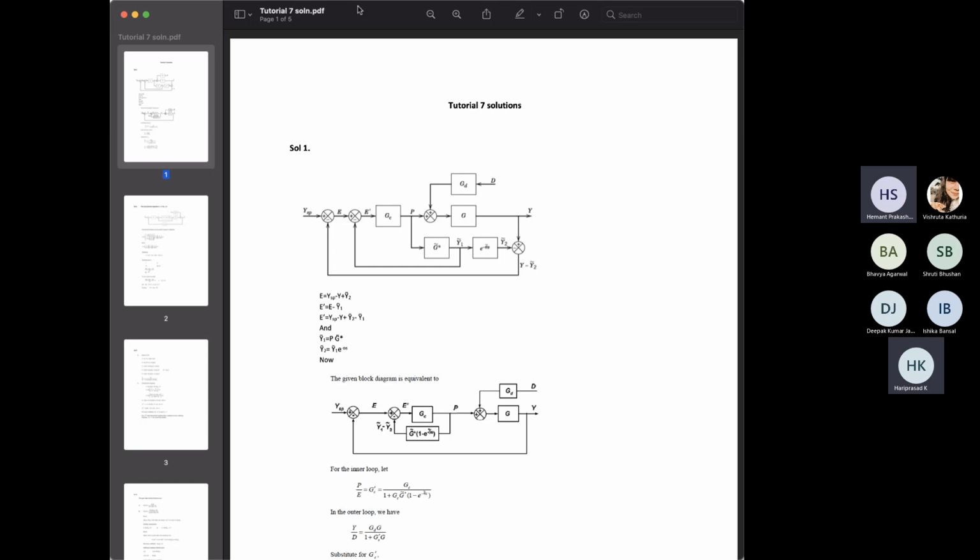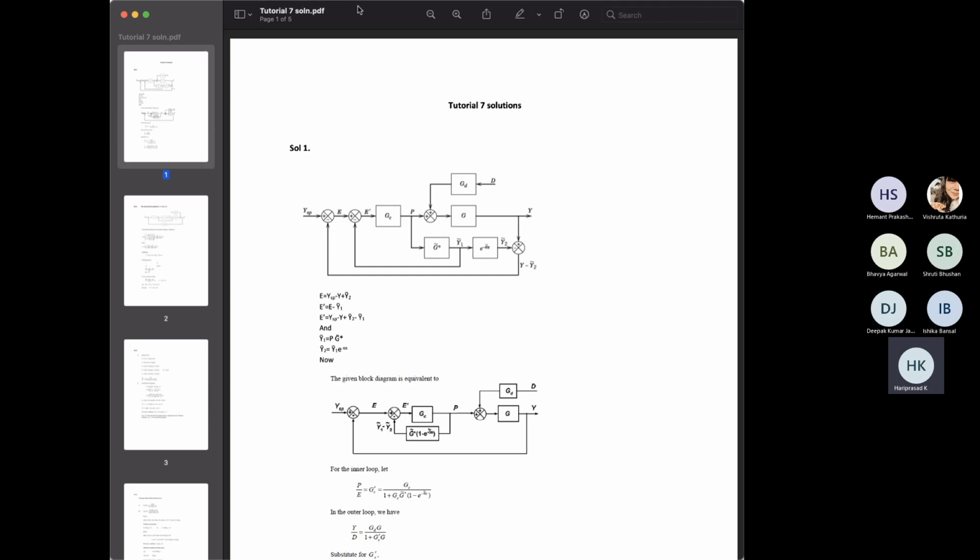So what is going as E prime? E prime is basically the difference between E minus Y1 tilde, correct? Yes, sir.